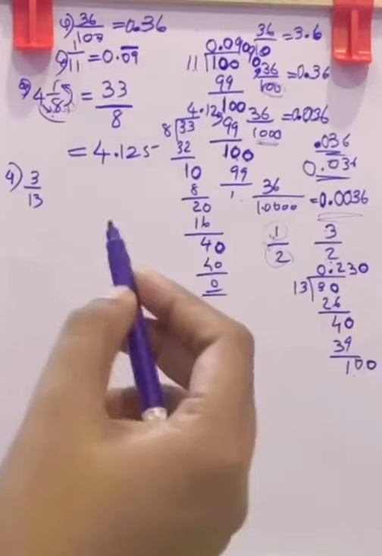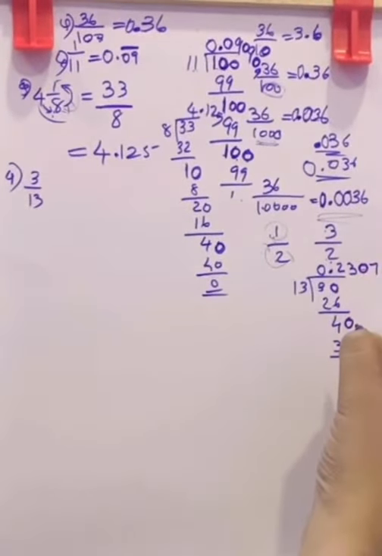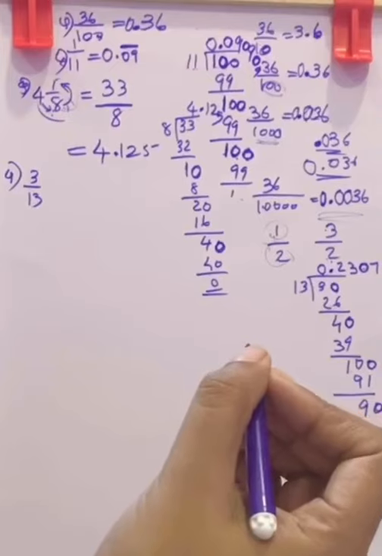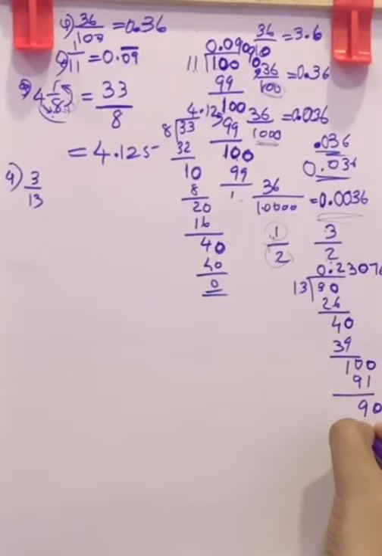Yes, 13 you can divide it. How many times? 7 times. 13 7s are 91. Balance is 9. It becomes 90. Now 6 times in 90, 13 6s are 78, balance is 12.